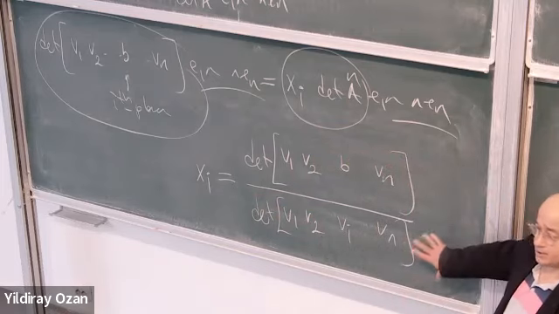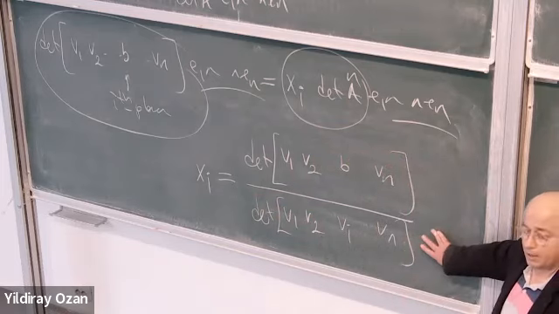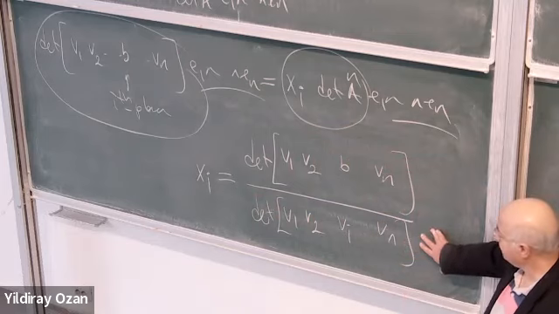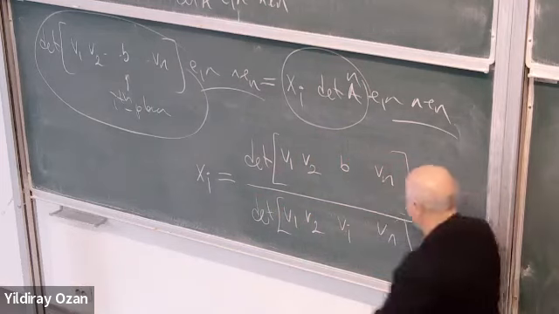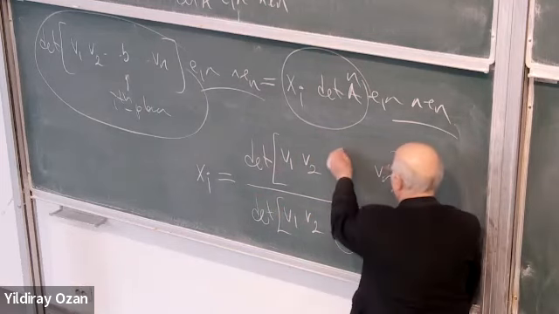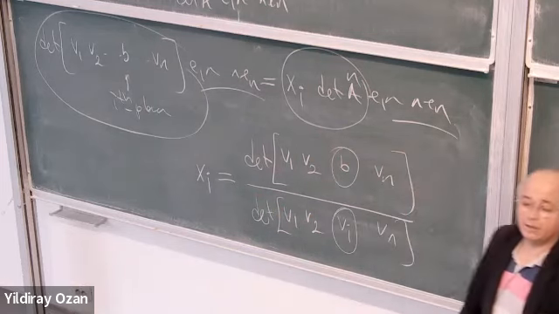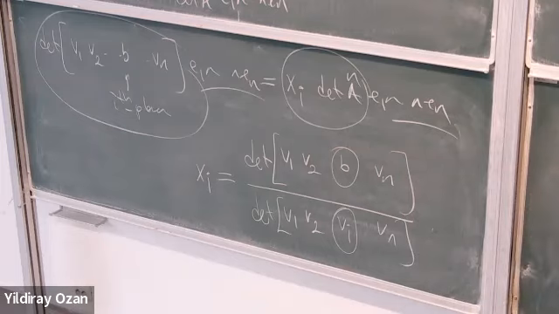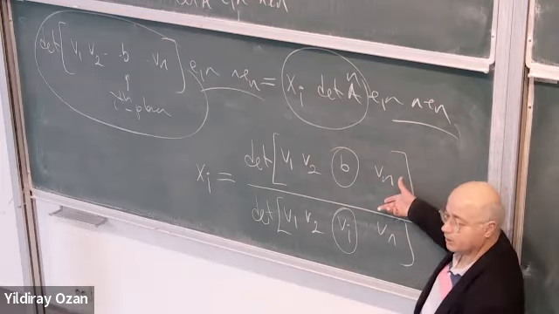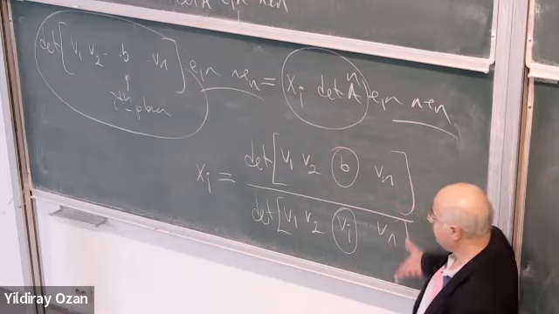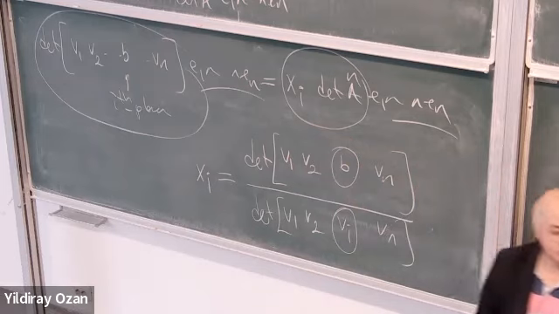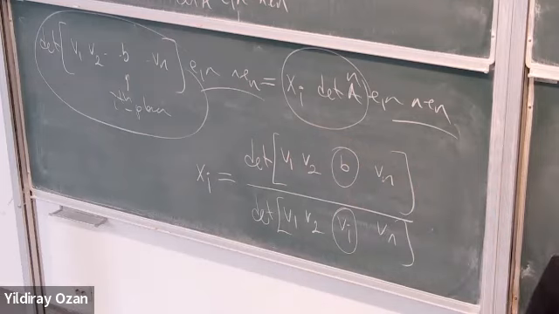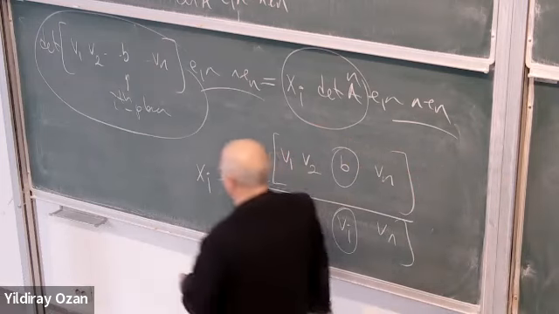So you have the matrix A, you take its determinant, and here you just replace the ith column with the column B. You take this determinant, and the ratio of these numbers is xi, the ith coordinate of the solution vector. Okay? So that's Cramer's rule.